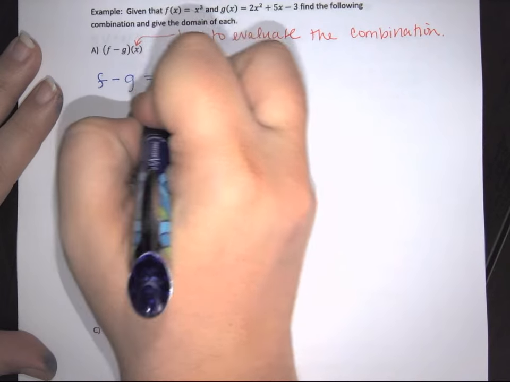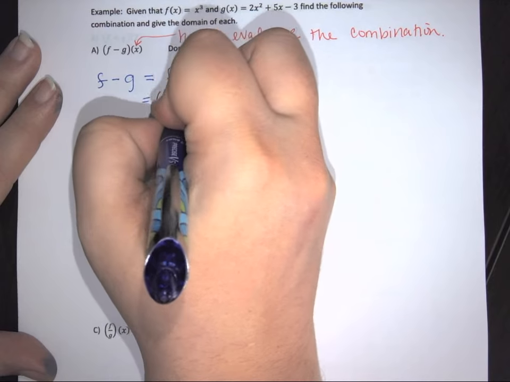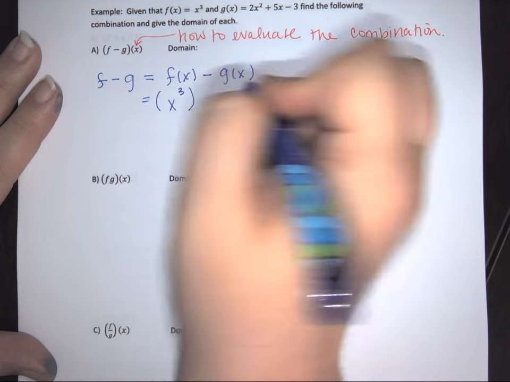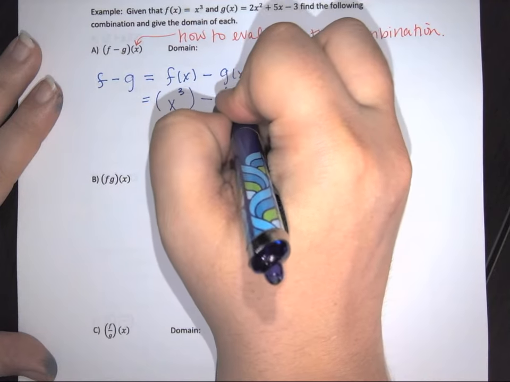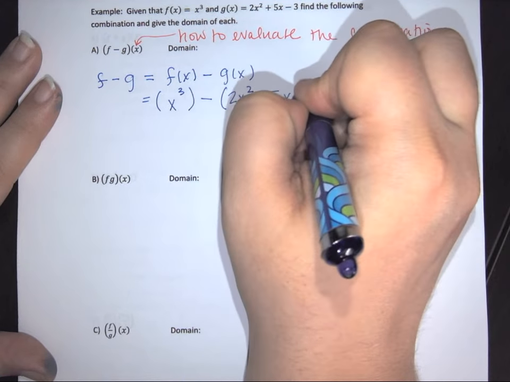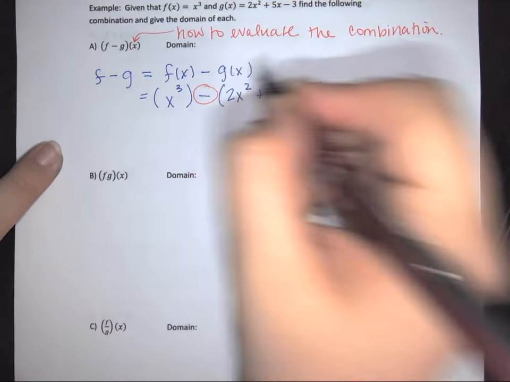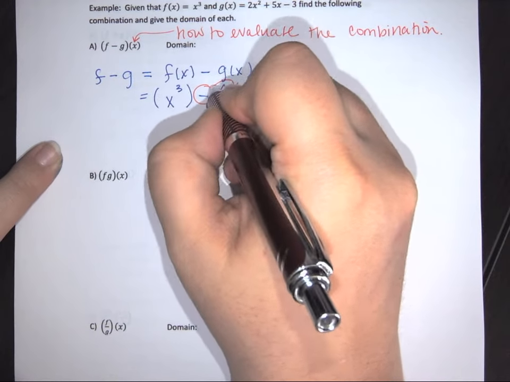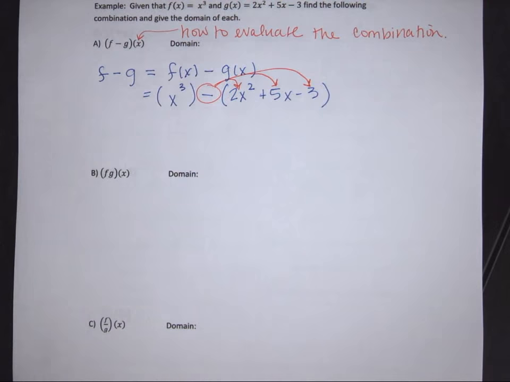So the first thing I would do is put both f and g in their own sets of parentheses. So f was x cubed, and then we subtract away g of x, which was 2x squared plus 5x minus 3. Now with that, this subtraction sign has to be applied to all three pieces in your parentheses.